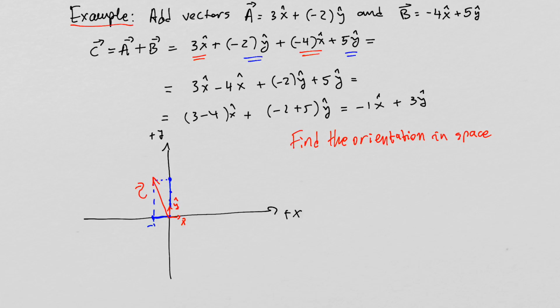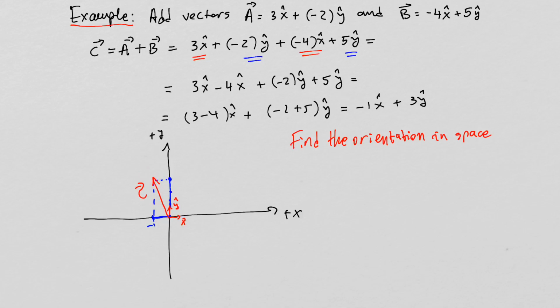All right. So I have a right triangle that's formed by the vector C itself, its y component, and its x component. So we have minus 1 and 3. In this right triangle are the adjacent side and the opposite side. And C itself is the hypotenuse.